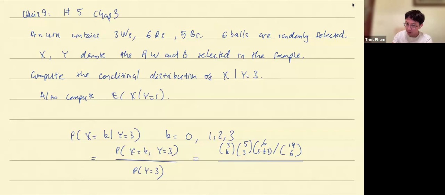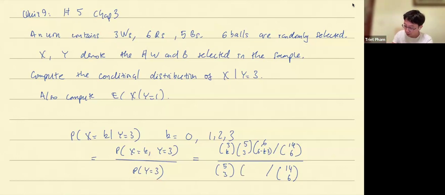What about the other factor? It's still over 14 choose 6. But here you only have to pick 3 blacks, so 5 choose 3. What about the other ones? You just pick the remaining 3 from the other group. Who cares how you pick it, because here we don't care about the composition of whites and reds.